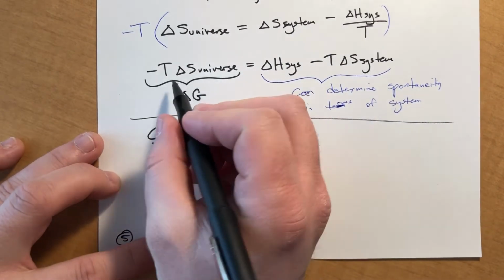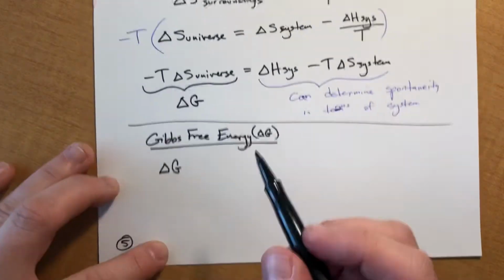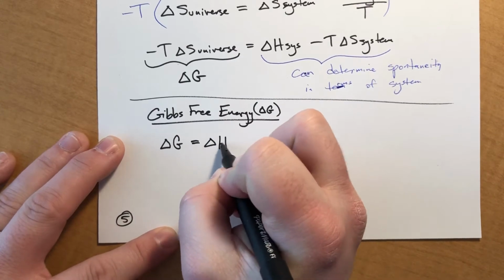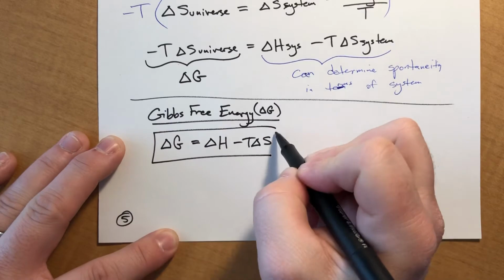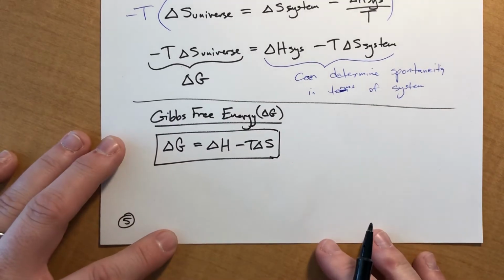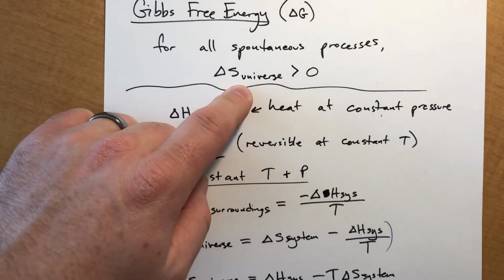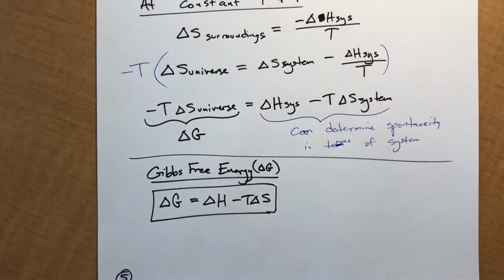Delta G is inherently negative T delta S of the universe, which is what we need to determine spontaneity. We can simplify it as delta G equals delta H minus T delta S. This simplifies things a lot. As much as all of this looked kind of horrifying and the prospect of having to determine the delta S of the universe, this isn't too bad.